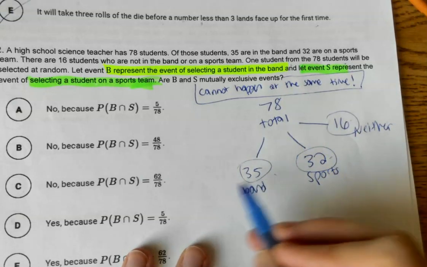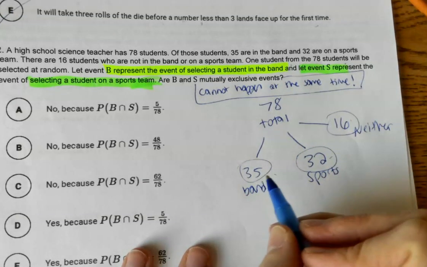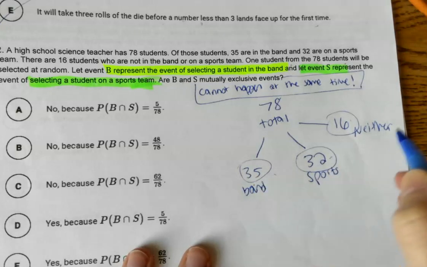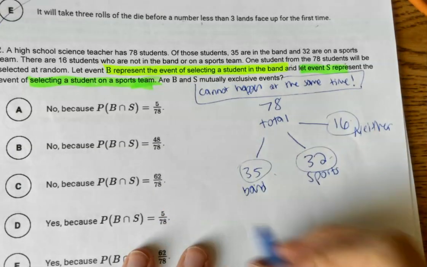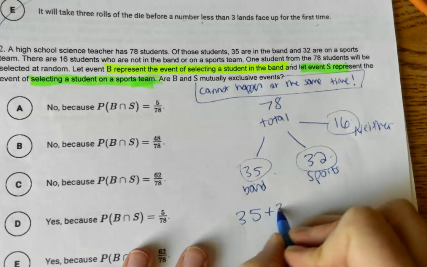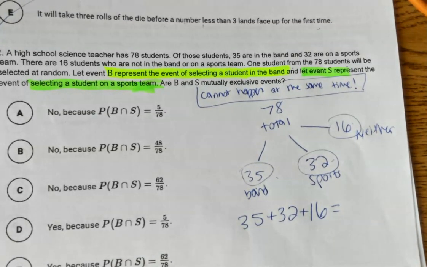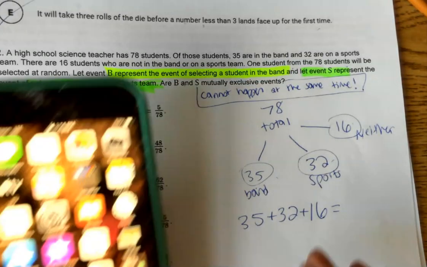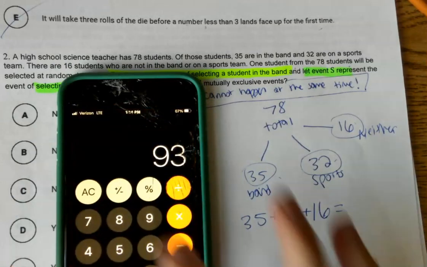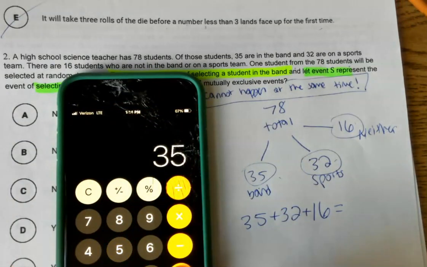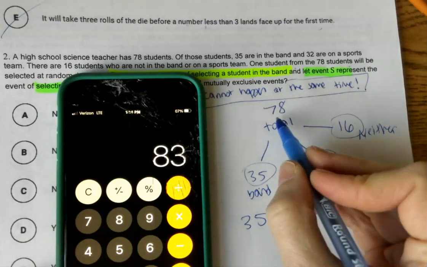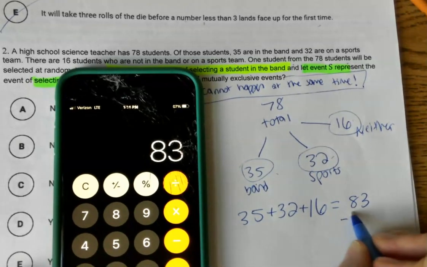If it equals 78 exactly, then I know that I have band, sports, and neither, and those are my 3 separate groups, and they would add up to the total. 35 plus 32 plus 16 gives me 83. My total should be 78.